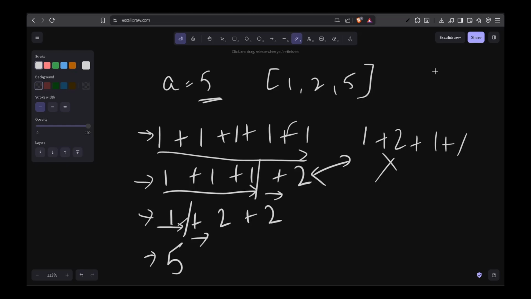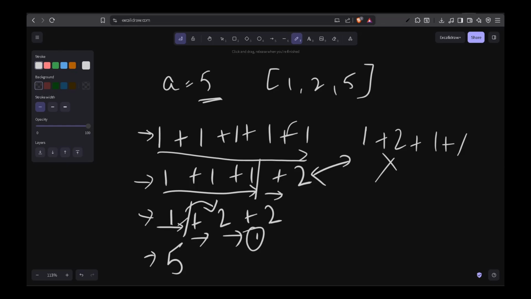Then we can use it a maximum of 3 times and then a maximum of 1 time, right? So if we have used 1 and we are moving from 1 to another number, say 2, after this we'll never use 1 again. So that's how we'll ensure that patterns are not repeated, right? The combinations are not repeated.